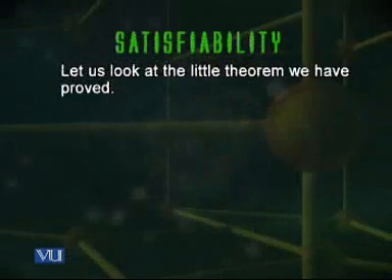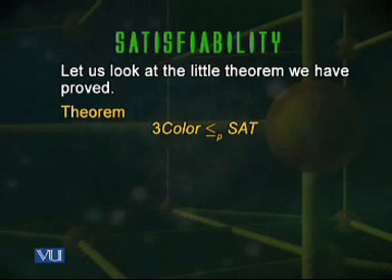Of course, no one knows of a polynomial time algorithm for either SAT or three-colorability. This was just hypothetically saying that satisfiability is a more general problem than the three-colorability problem. So the little theorem that we have proved is that three-colorable is polynomial time reducible to SAT.